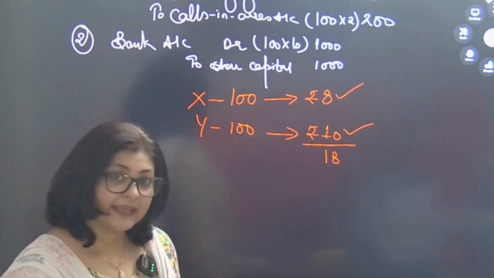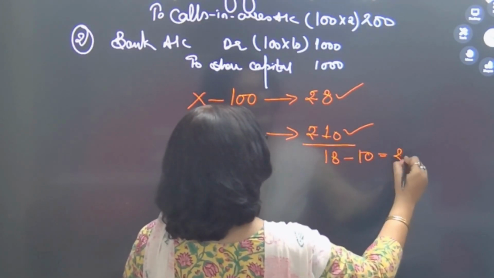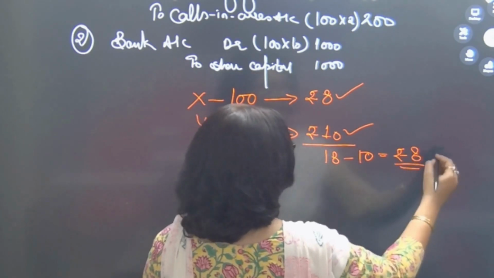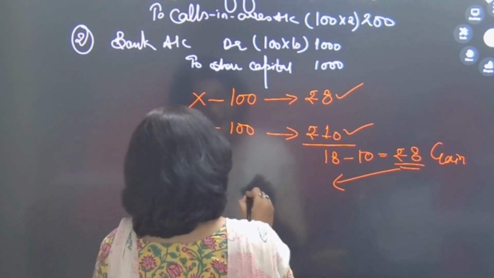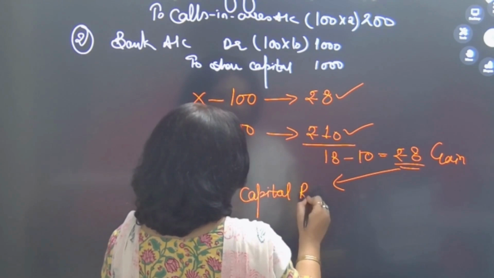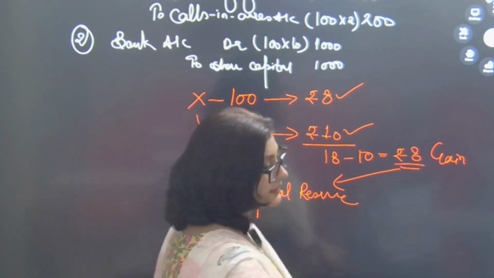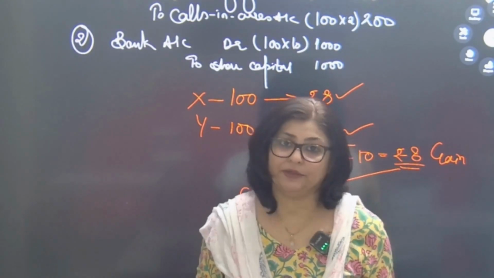So we can say the total issue price minus the face value, 8 rupees, is extra, which is gained by the company. This gain is known as capital reserve. Whatever is the gain on reissue of shares by the company is known as capital reserve.